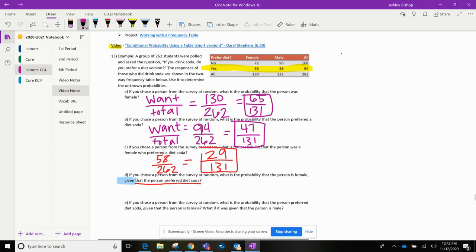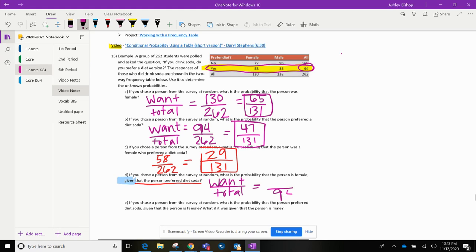So remember, my want over my total, I want out of all, so both of my want and my total need to be coming from one of these highlighted numbers. The condition is that they have to prefer diet soda. So even my total number of people have to prefer diet soda. So my total is going to be all the people that prefer diet soda. And of those 94 people, how many of them were female?